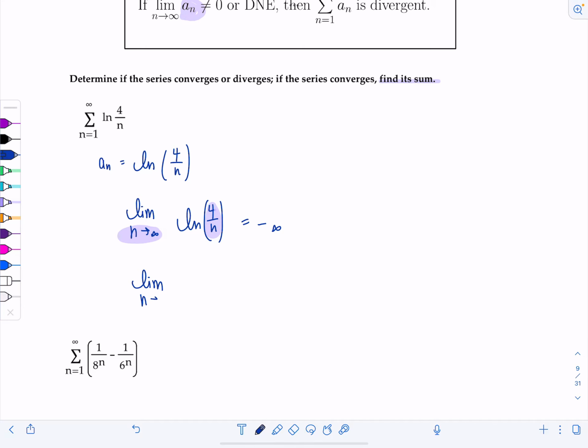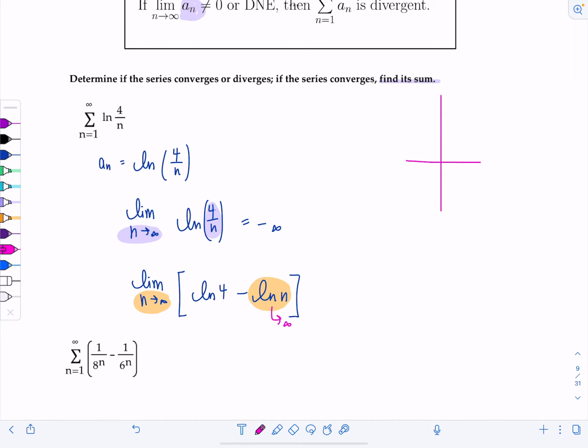So your other option to do this limit is you use your log properties, and you can write this as natural log of 4 minus natural log of n, yeah? And for some reason, they like doing it this way better. As n goes to infinity, natural log of n is going to go to infinity, yeah? Do you remember the graph just a wee bit?